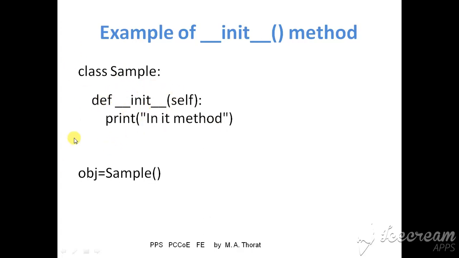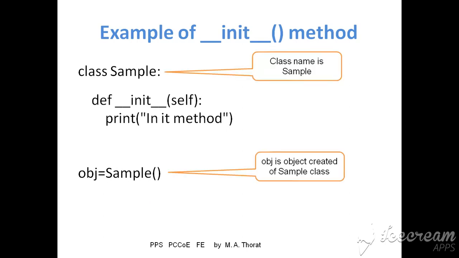Now, in the main code, obj equal to sample with brackets is written. This statement indicates that we are creating one object of the sample class. To summarize, one class sample is created, obj is the object created of the sample class, and one init method is defined in the sample class. This is just the syntax, the code which we have written for the init method.